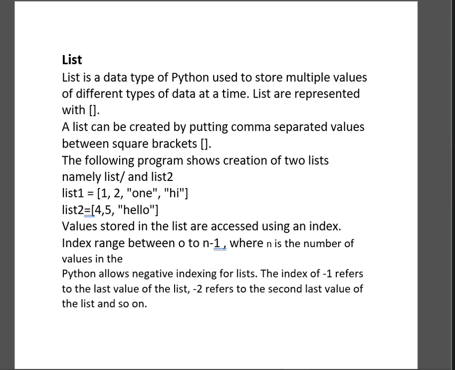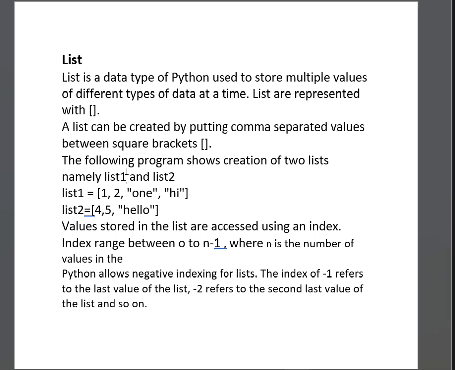The following program shows the creation of two lists. List 1 and list 2. List 1 uses square brackets, because a list is represented by square brackets. It has 1, 2 as integers and two string values.